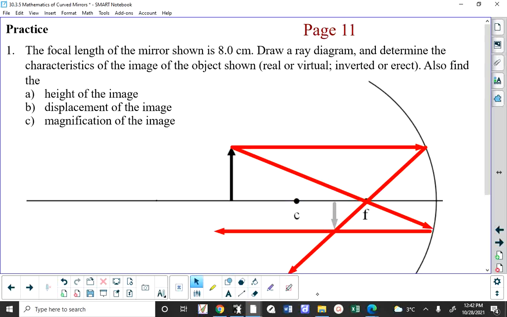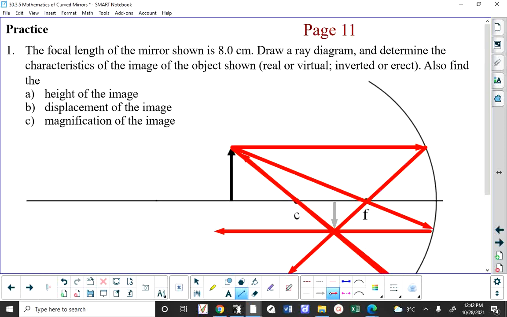I don't know how well I constructed these diagrams, but if I draw a beam of light off of the top of the object that goes through the center, it has to reflect back through the center. And if I've drawn this properly, it will also meet in this point where the beams of light intersect, through the center, back through the center.